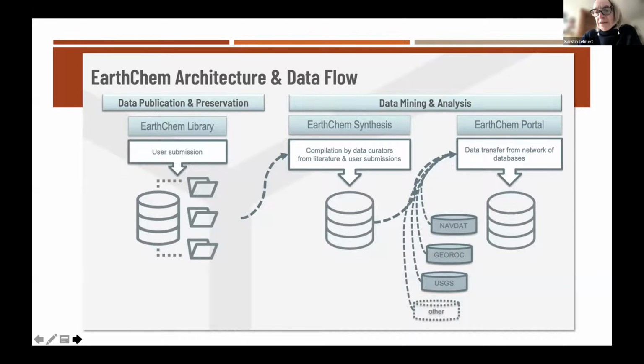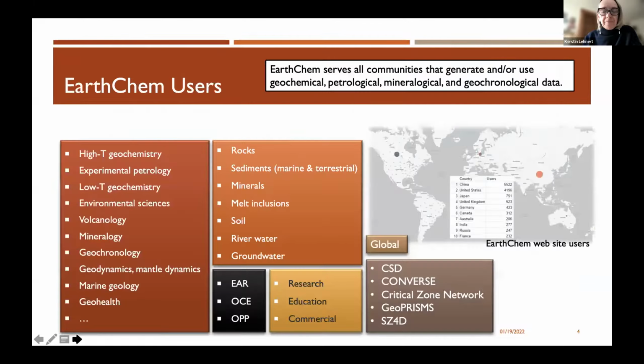We also run the EarthChem portal, which in addition to the data from the EarthChem synthesis, integrates with external geochemical databases and makes all of the content of these different databases accessible through a single search and data exploration website.